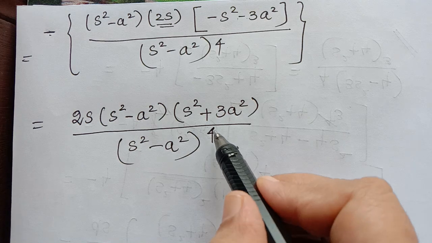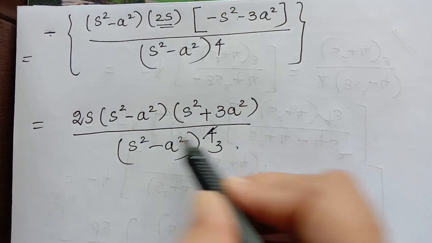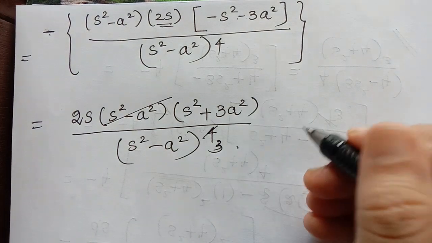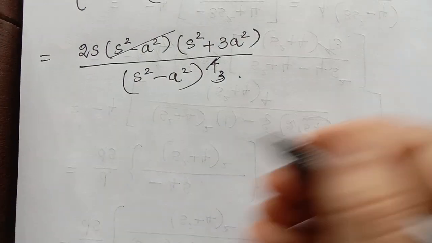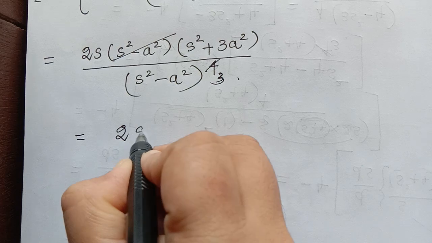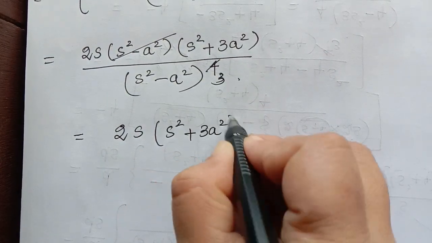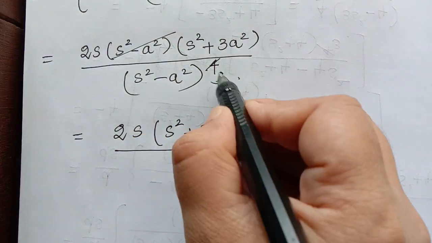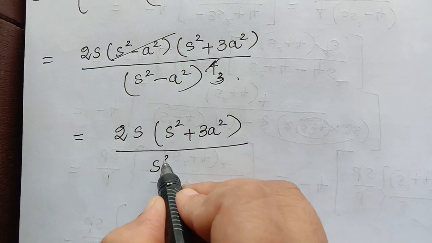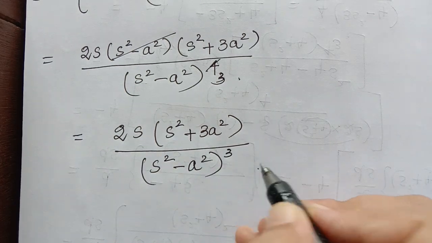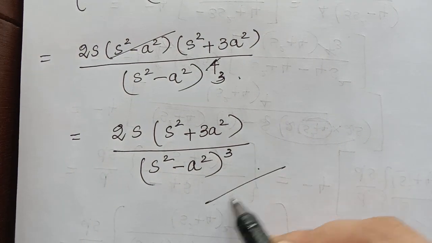But if you see, one of these can be cancelled with this term, so this becomes power 3, and so the final answer will be equal to 2s multiplied with s square plus 3a square divided by s square minus a square raised to the power 3. So this is the final answer.